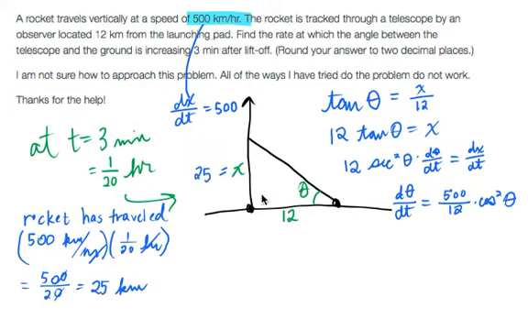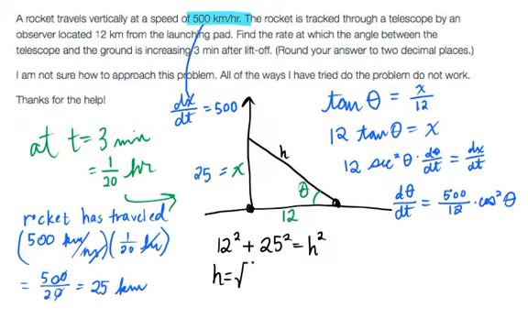So then we can use the Pythagorean theorem to find the hypotenuse of the triangle, which we're going to need in order to find cosine theta. So by the Pythagorean theorem, 12 squared plus 25 squared equals, I'll just call this h for hypotenuse, the hypotenuse squared.